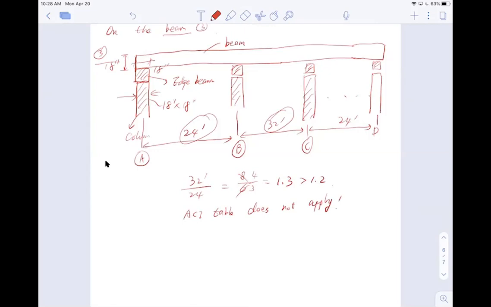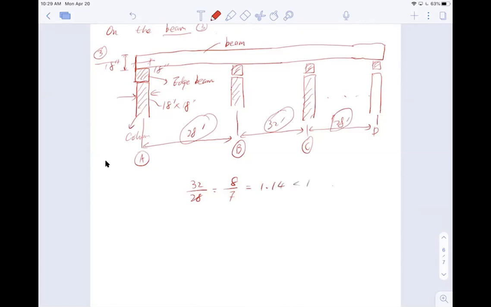But in the homework, I believe I changed this number to 28. Let's remove this to be a 28. 32 divided by 28, so I have 1.14.